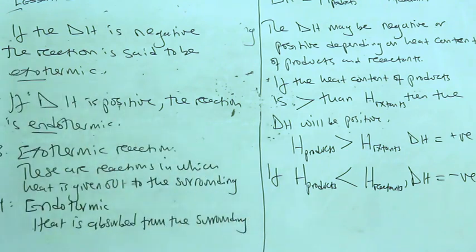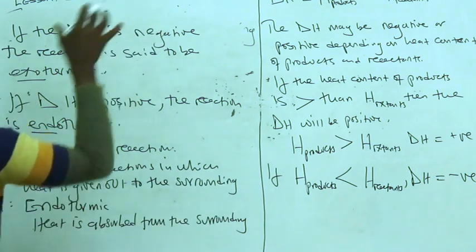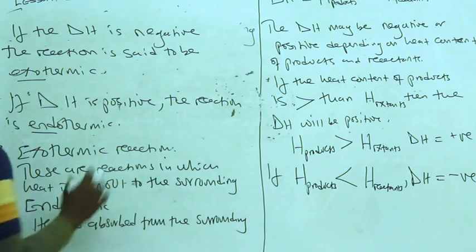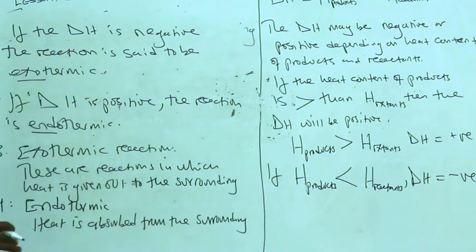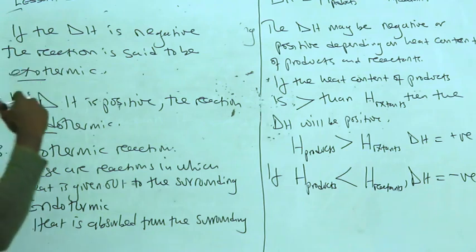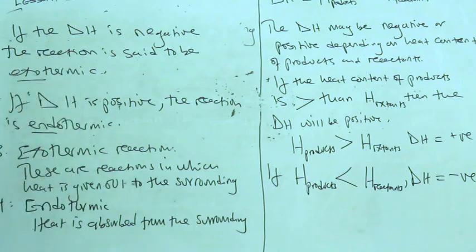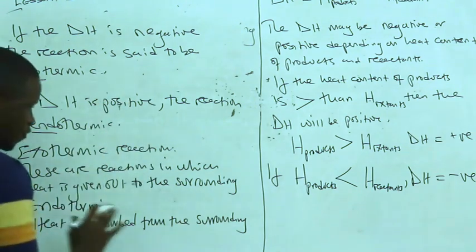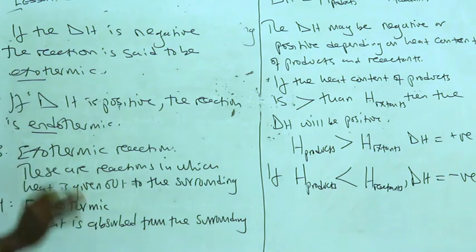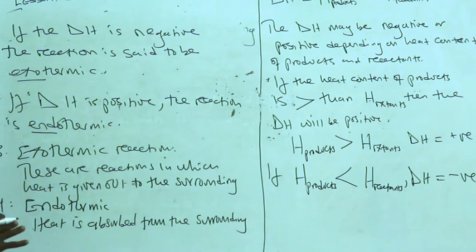In the case of the exothermic, the enthalpy change is going to be negative. The heat content of the reactants is higher than the heat content of the products. When it comes to endothermic, heat is absorbed from the surrounding, and therefore the surrounding becomes colder, and the heat content of the products is greater than the heat content of the reactants.